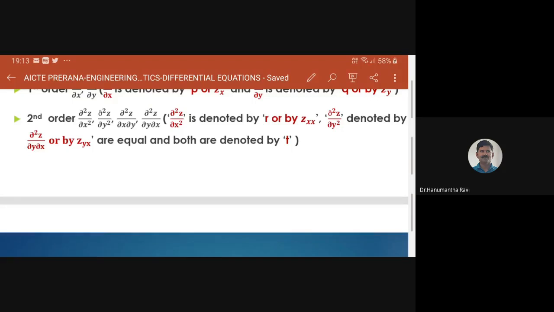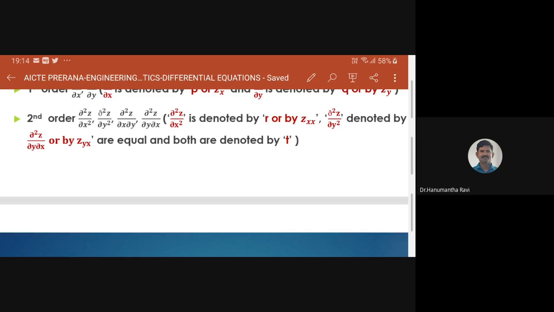In fact, they are equal. Dou square z by dou y dou x is the same as dou square z by dou x dou y. That is the scenario in which we are working out our problems. Both are denoted by s. So how many second order partial derivatives are there when there is a dependent variable z and there are two independent variables x and y? There are three.